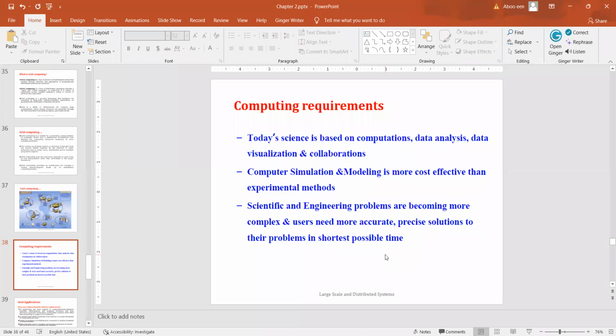Likewise, in industry there are several requirements. A business organization has to handle huge amounts of data. There are different types of data, structured and unstructured, and they have to deal with all of it. They have to collect the data from various sources.